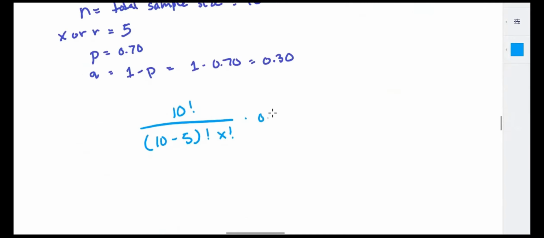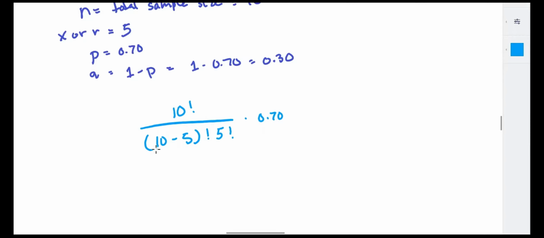The next part is the percentage of success, the probability of success, to the power of, oops. Did I say x or did I say 5? Because it should have been a 5. All right.